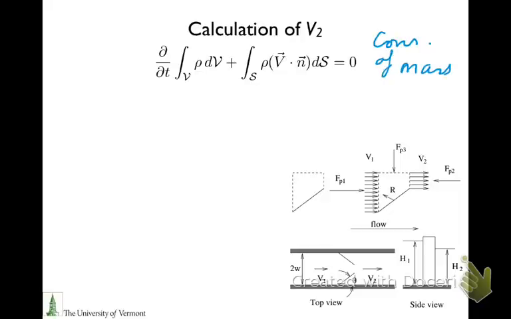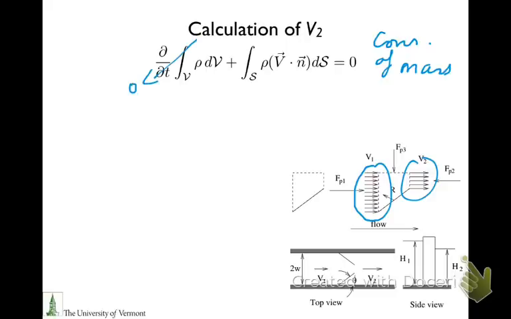Now, conservation of mass is going to be between those two surfaces, V1 and V2. There is no mass exiting or entering through 3 or 4, for obvious reason. The flow is steady, so this is 0.